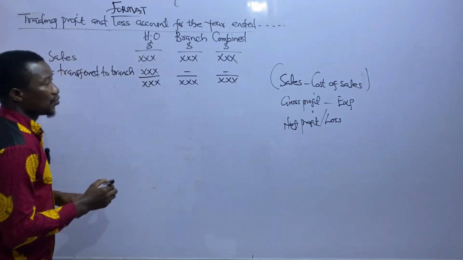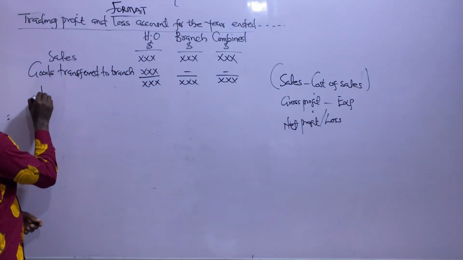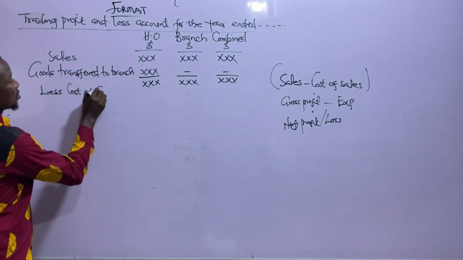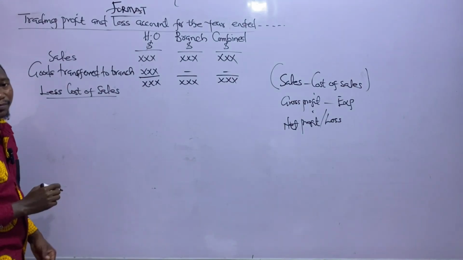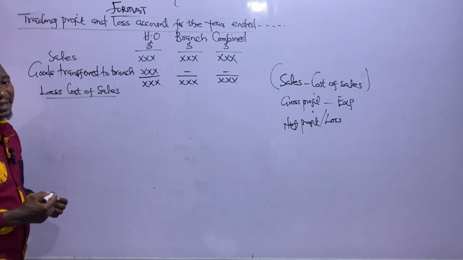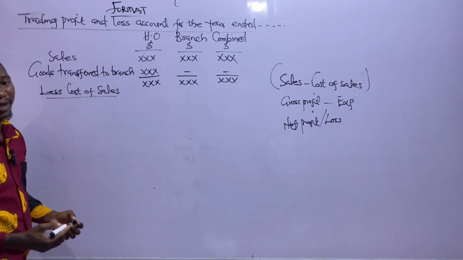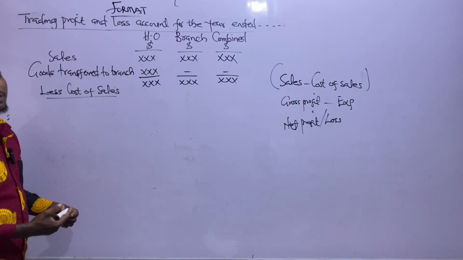After that, we consider the cost of sales. So we say less cost of sales. In lessing the cost of sales, we begin with opening inventory. When we are in business, for instance in 2024, at the end of the period some of the inventories or goods may be left over, and we call that closing inventory.